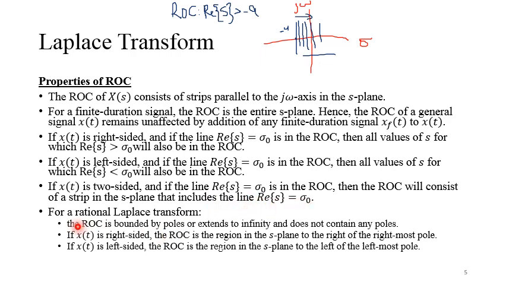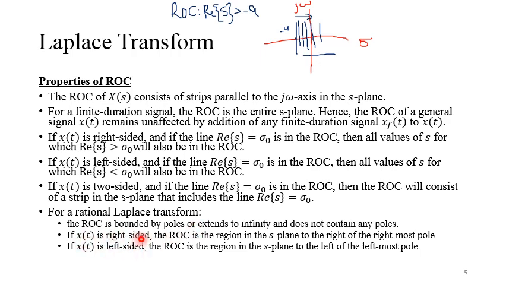Now, for a rational Laplace transform, the ROC is bounded by poles or extends to infinity and does not contain any pole. It will either be bounded by poles, or extend to infinity and not contain any poles.